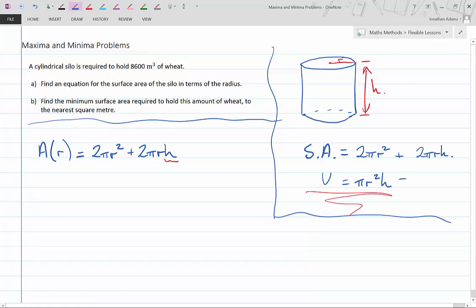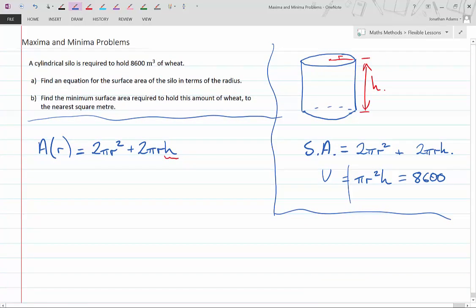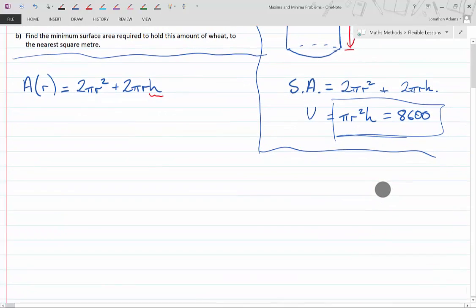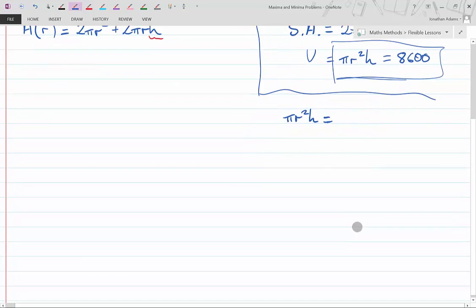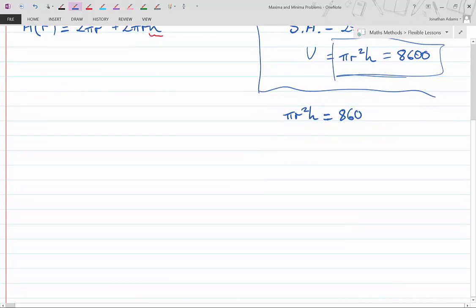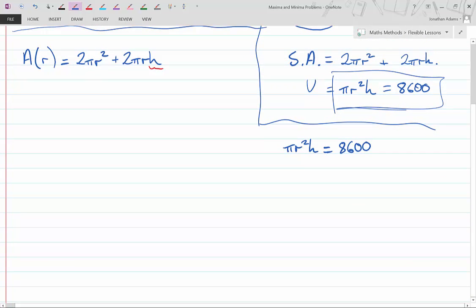I know the volume has to be 8,600, so pi r squared h is 8,600. I'm going to rearrange this to make h the subject.